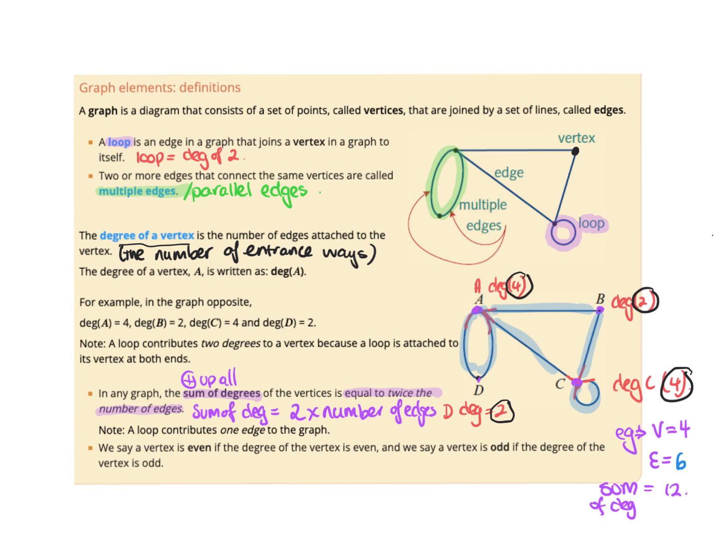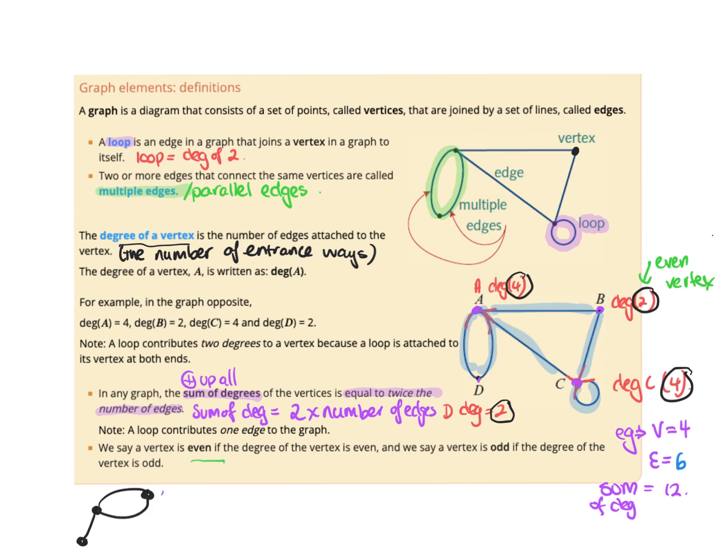Okay, so we say a vertex is even degree if its number is even. So this one is an even vertex, and these ones all are, because they're all even numbers. If we had an odd one, we'd have an odd vertex. So just to show you, I'll do an example of an odd one.